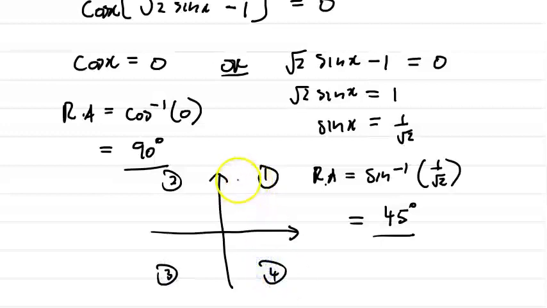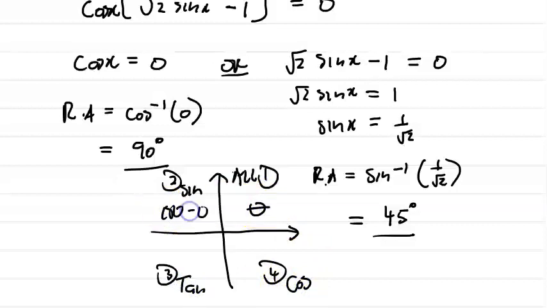We know that all ratios are positive in the first quadrant, sine is positive in the second quadrant, only tan is positive in the third quadrant, and only cos is positive in the fourth quadrant. We need to know our formulas: theta, 180 minus theta, 180 plus theta, and here 360 minus theta.